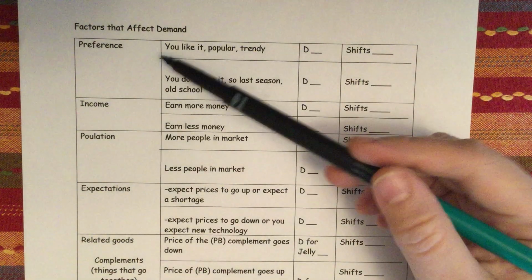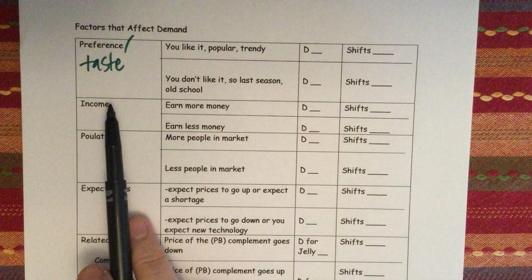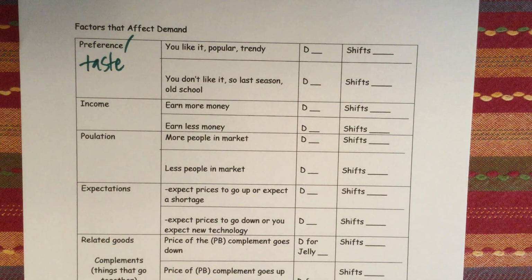So preference is basically your taste. And there's a lot of things that affect preference and taste, like a news report, or a celebrity who all of a sudden is using this dress. Meghan Markle, which is Prince Harry's wife, I believe, will wear a seemingly inexpensive dress, and then all of a sudden it's sold out online because people can afford that type of dress.